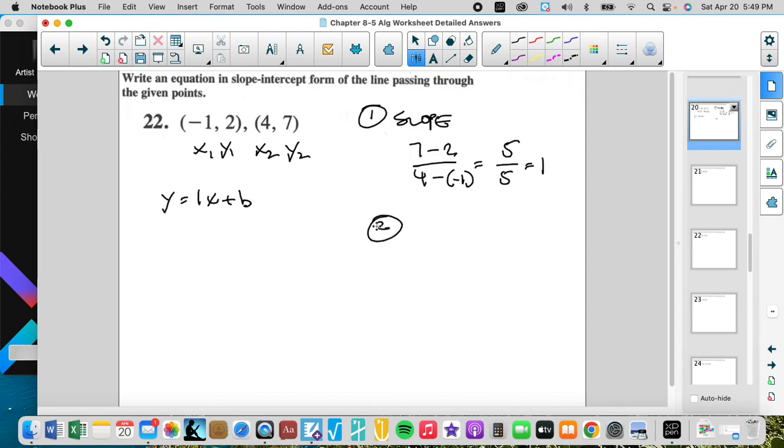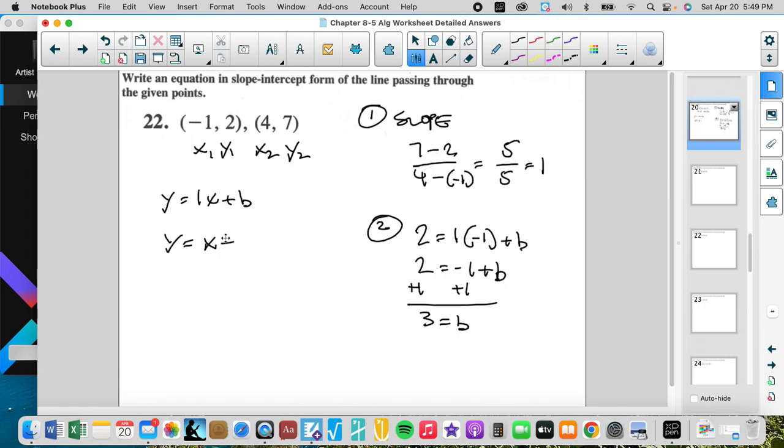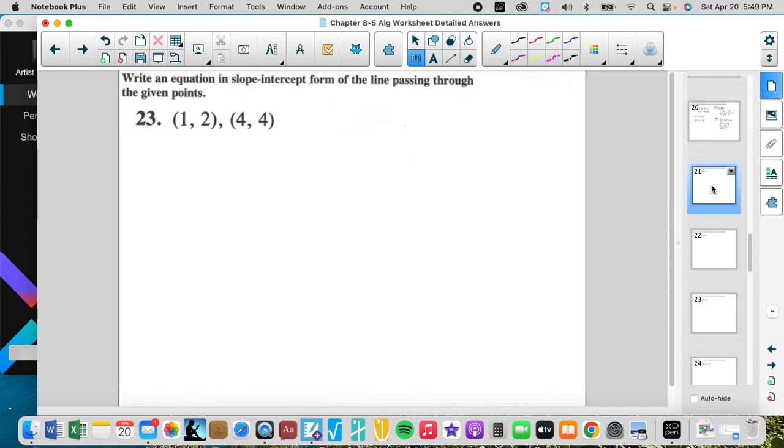I'm going to pick that first point again, and I'm going to plug in 2 for y equals the slope, which is 1 times the x value, which is negative 1 plus b, because that's what I'm solving for. Add 1, and we get 3 equals b. So y equals, I'm not going to write 1x, I'm just going to write x plus 3. That's the proper notation for that.